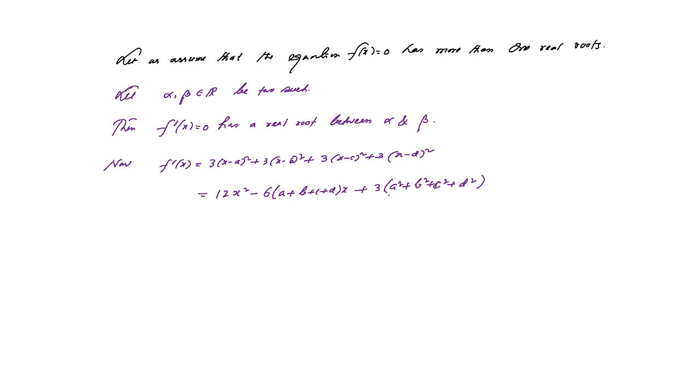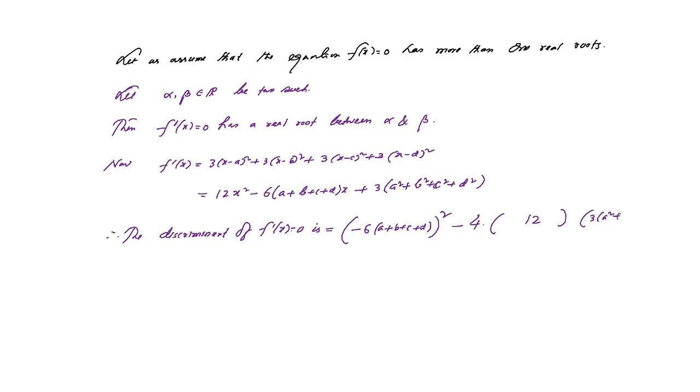Now the question: what is the discriminant of f'(x) = 0? The discriminant is b² − 4ac. So what is b here? Minus 6(a + b + c + d), that whole squared, minus 4 times 12 times 3(a² + b² + c² + d²).